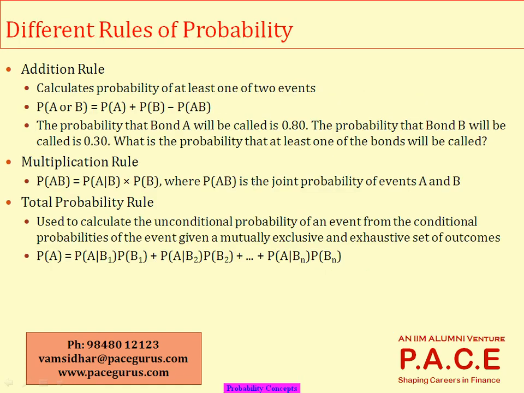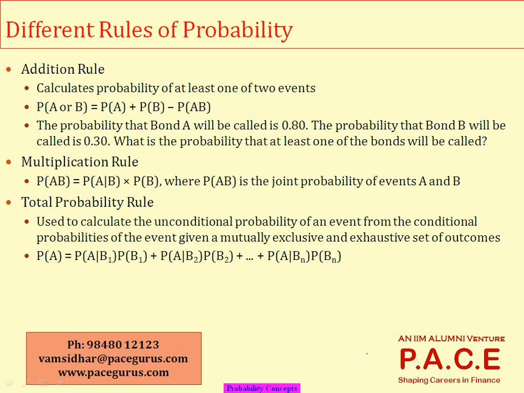Now, if I take two or more events together, how do I join two or more events? I don't want to look at one event in isolation. In most of the cases, I may have to look at the chance of either two events occurring together, or multiple events occurring together, or at least one event occurring, or given multiple conditional probabilities, what is the unconditional probability?